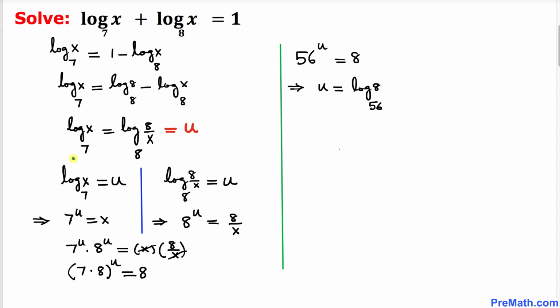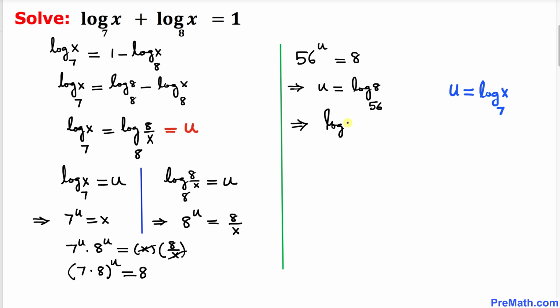Now let's focus on this equation: log of x with the base 7 equals u. I have copied this equation up here, and now we can compare these two equations. Since the left hand sides are the same, we can equate the right hand sides as well.